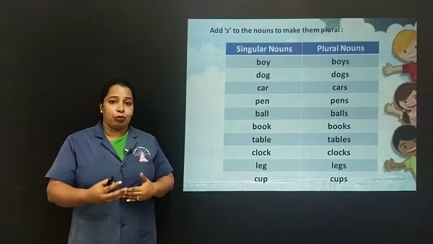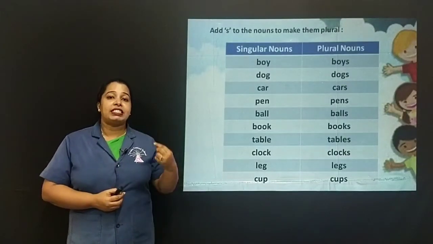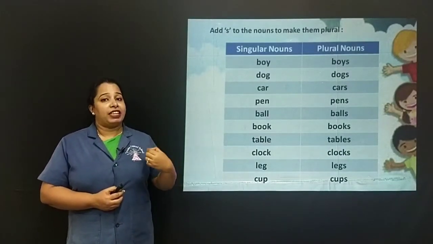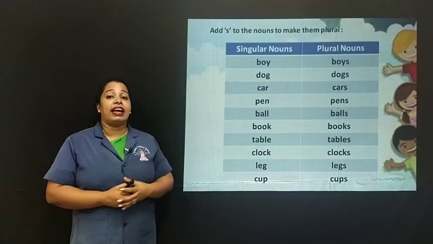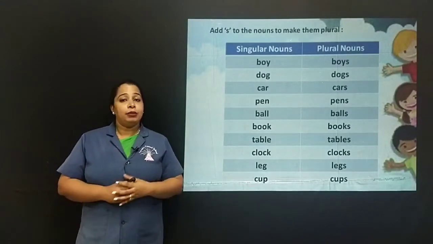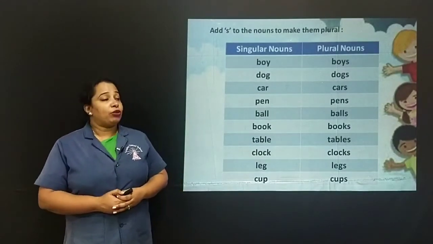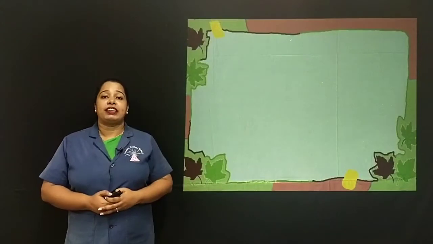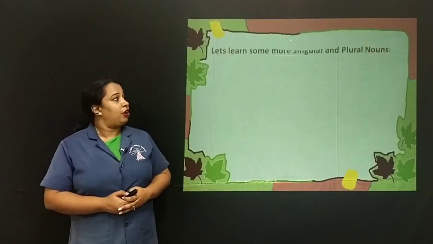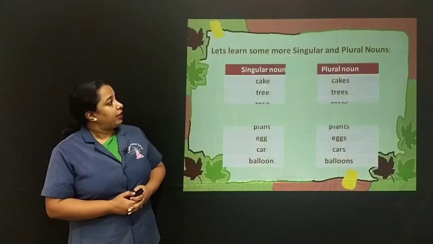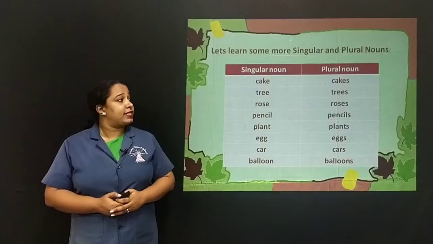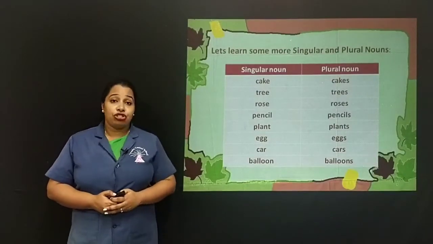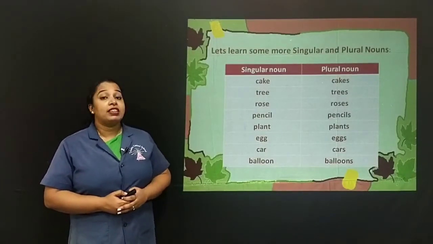And to make them plural, what do we do? We just ask the help of the letter S and we join it at the end of the noun and we make it plural. That's it. Let's look at some more nouns which take the help of the letter S to become plural. Cake, cakes. Tree, trees. Rose, roses.